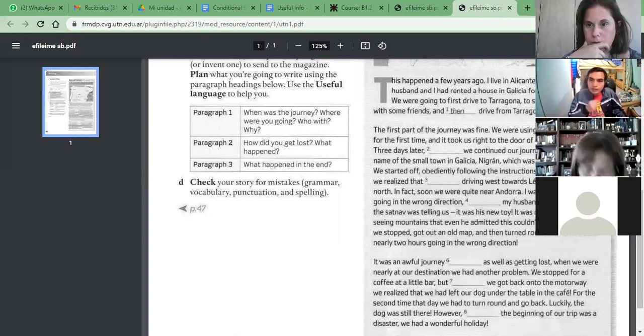Because she told him that they were going in the wrong direction, but he wanted his new toy. He trusted the sat nav more. Okay, very good.